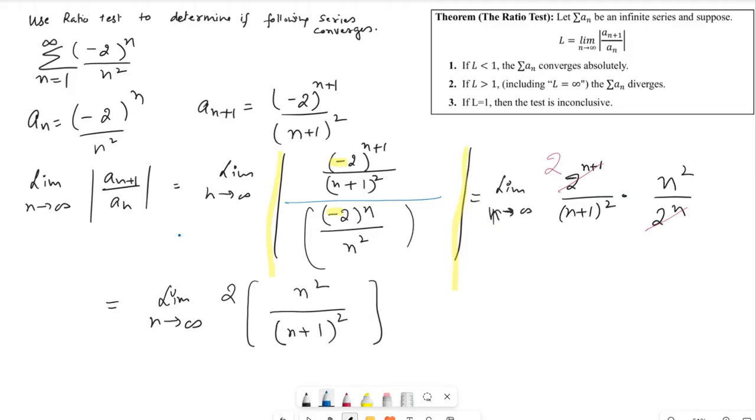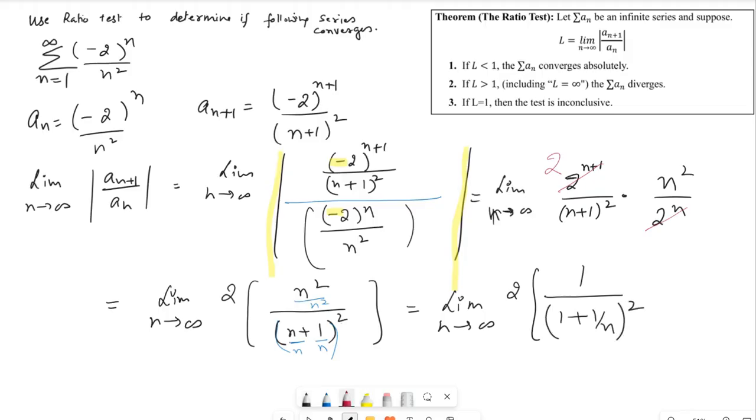What is the highest power of n in the denominator? n squared, because n is in the square. So I divide everywhere by n squared. But here n is going inside the square, so you have to divide by n basically. The limit as n approaches infinity of 2 outside, 1 divided by (1 plus 1 by n) whole squared. We know that as n approaches infinity, 1 by n approaches 0.